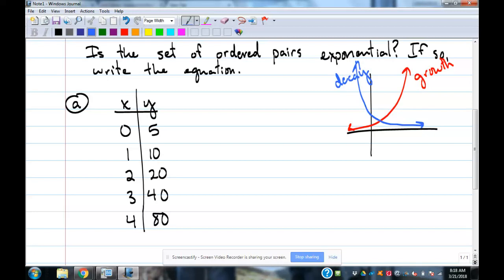What we want to do is inspect the ordered pairs themselves. Notice the X values, nice, steady, going up by 1 every time. Okay. If it's like that, then inspecting the Y values and their relationship is a good way of going about it. Now, if this were linear, what would the Y values do?